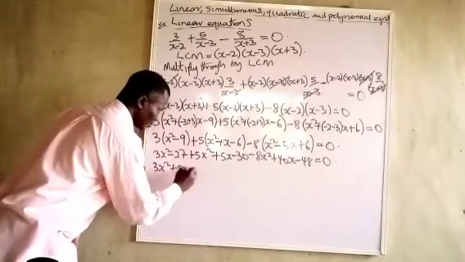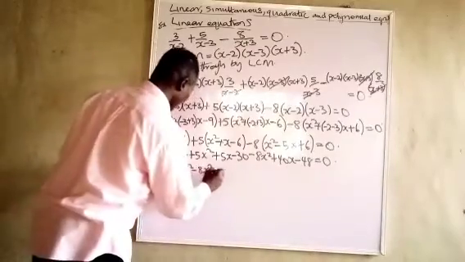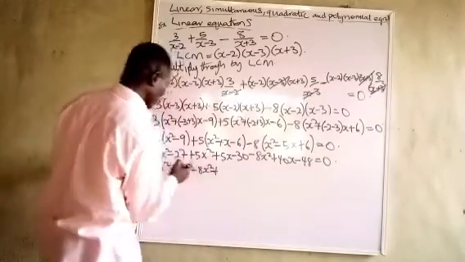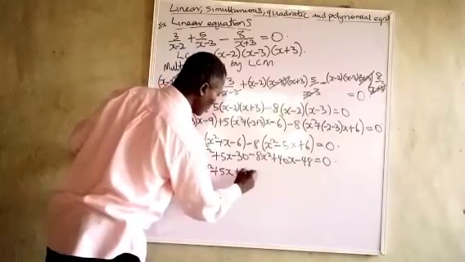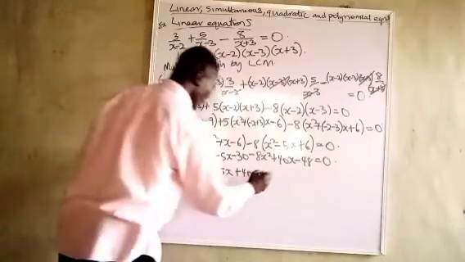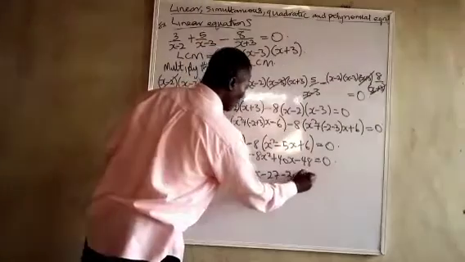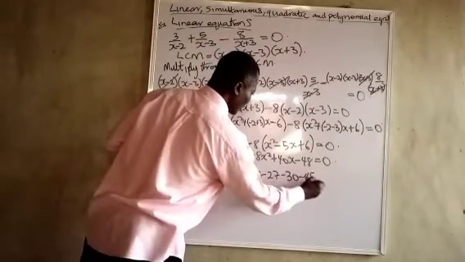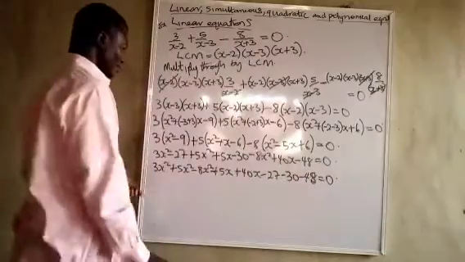3x squared plus 5x squared minus 8x squared. Now I have plus 5x plus 40x minus 27 minus 30 minus 48 is equal to 0.